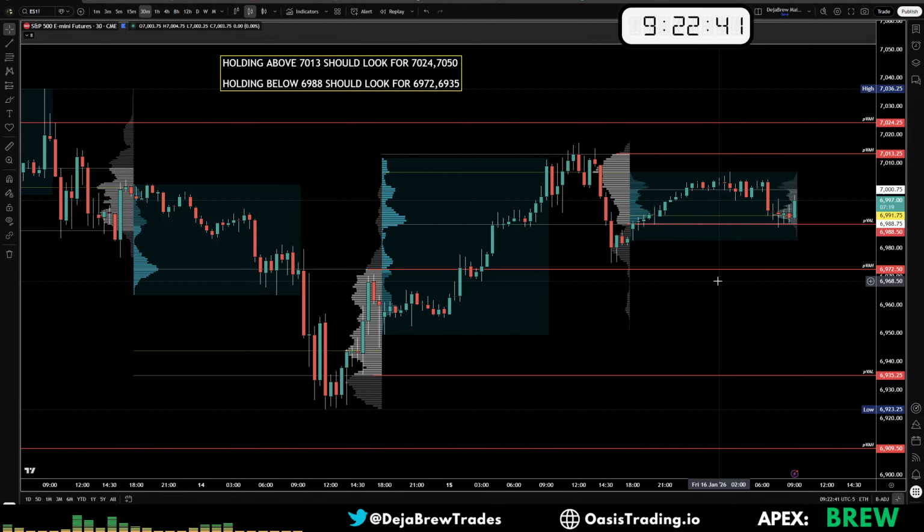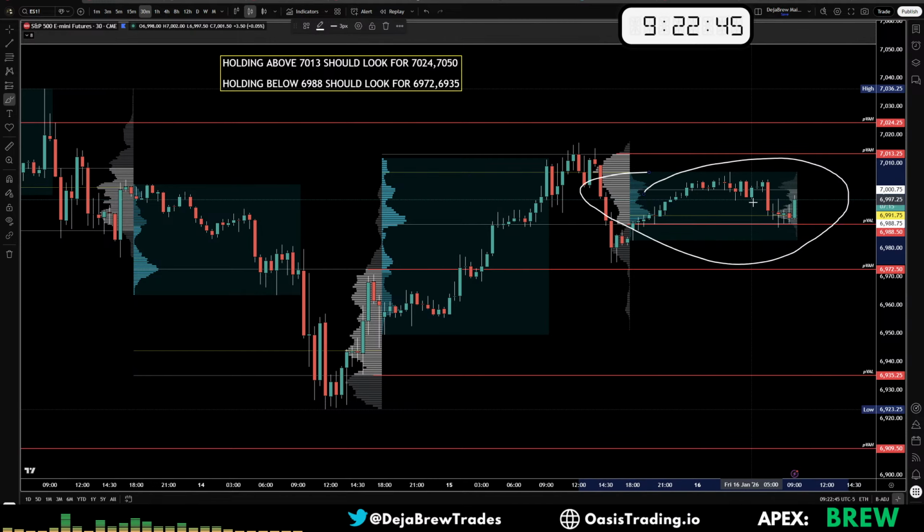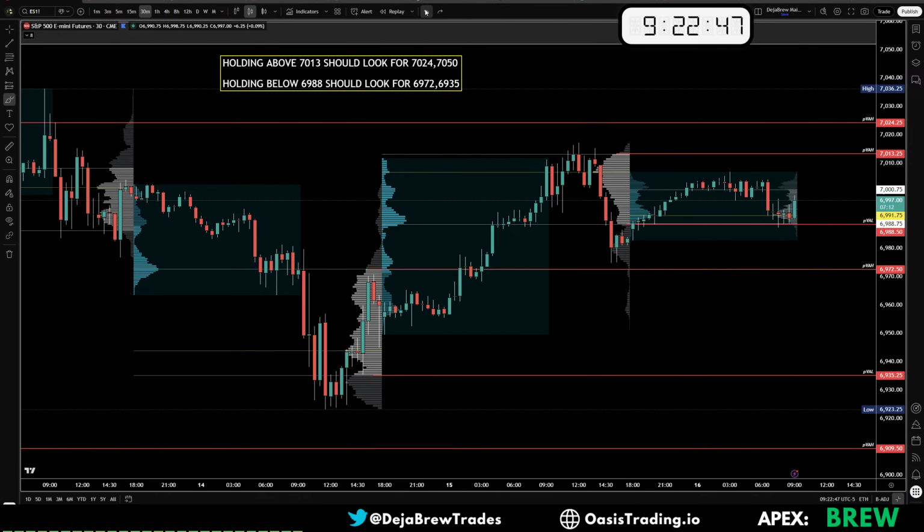We have a complete inside profile here, so trading inside of Thursday, staying above the value low, staying below the value high. If we do break that 88, look for 72, possibly retracing Wednesday's value back to 35.